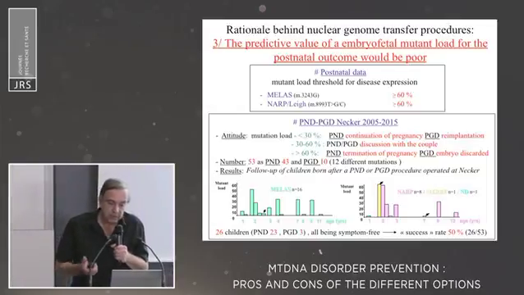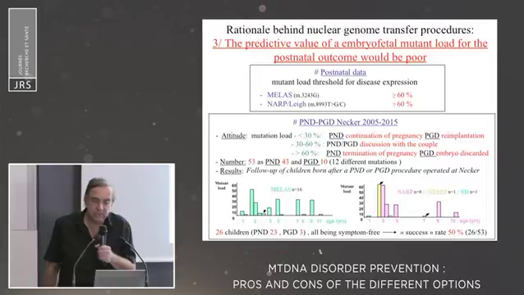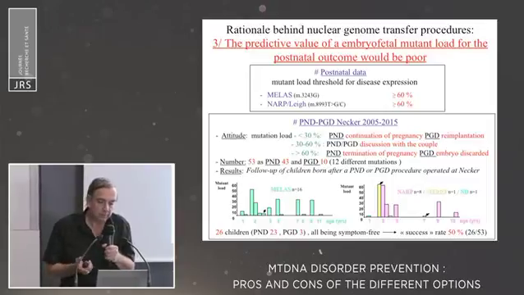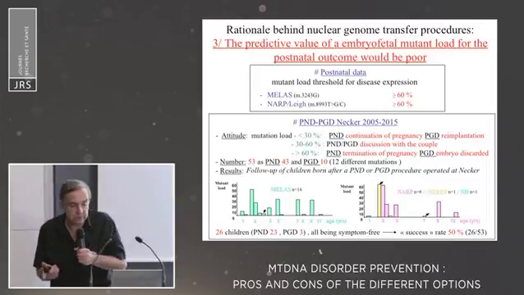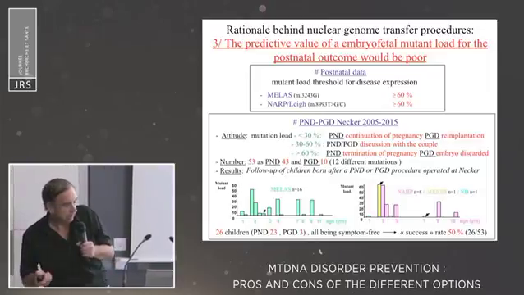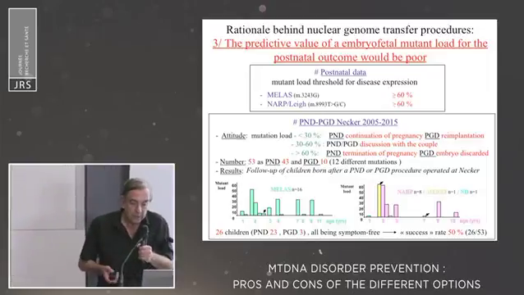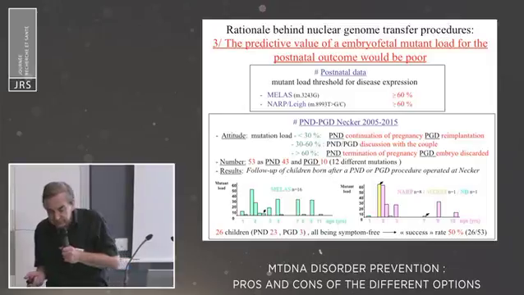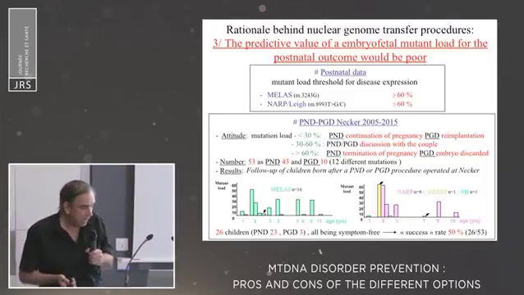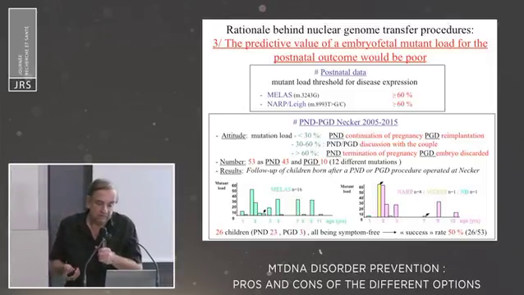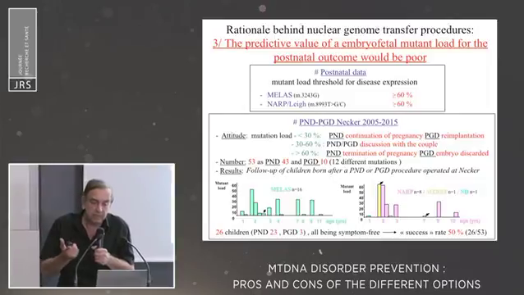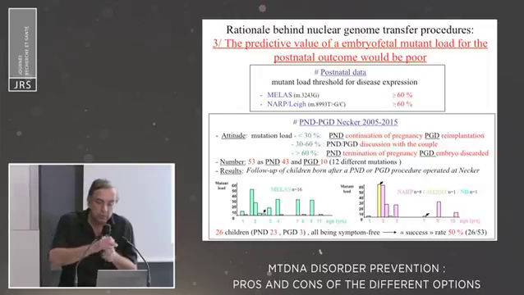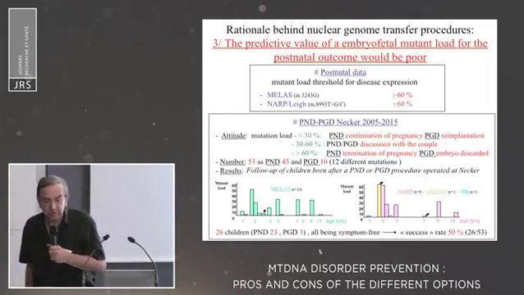So, another objection is that the predictive value of the embryo-fetal mutant load for the postnatal outcome would be poor. Our attitude relied on the availability of postnatal data that reported mutant load thresholds for disease expression.